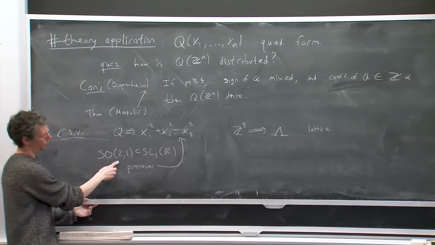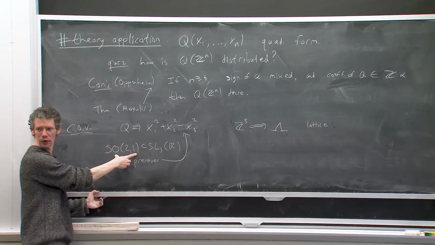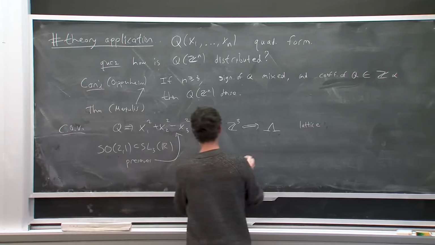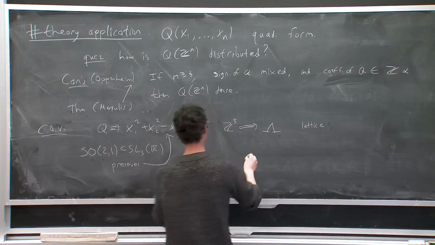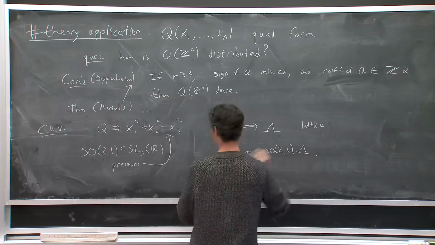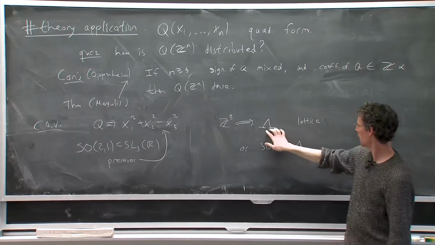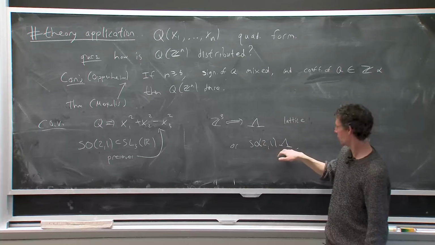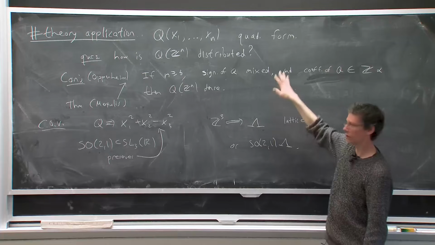That's just the definition of this group, and a somewhat non-trivial fact is that this is a large group. It's not the identity. OK. And so you could use lambda, but you could also use any of these guys. So you could use the lattice lambda, but you could also change coordinates by anybody in SO(2,1). So you get a lot of other lattices. And you can use any of these lattices. And it's equivalent to the original problem.